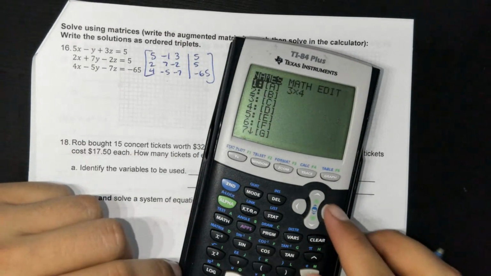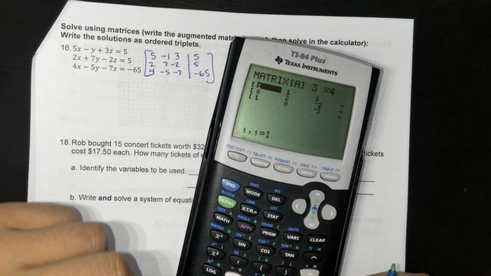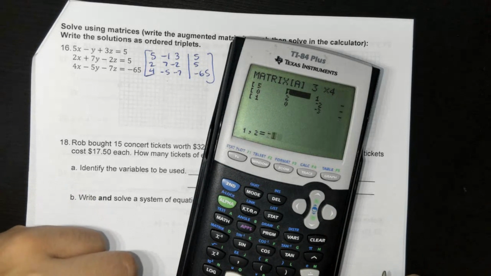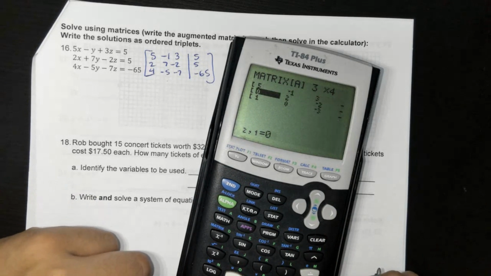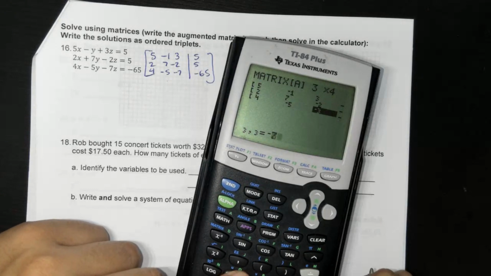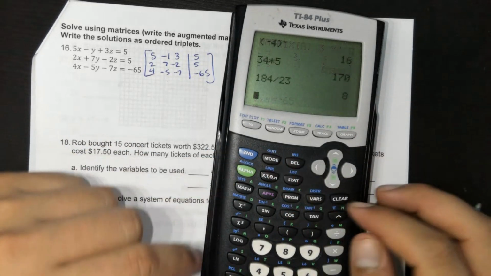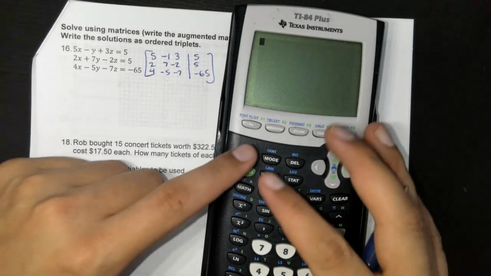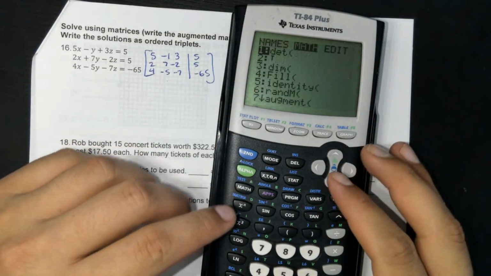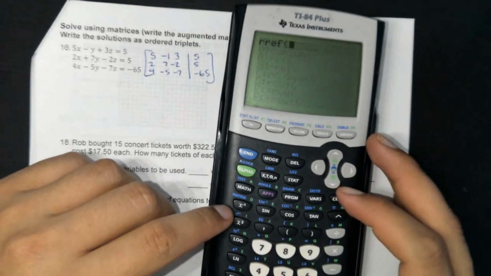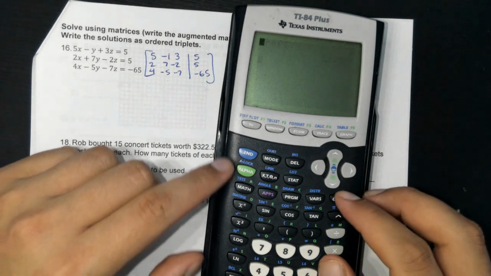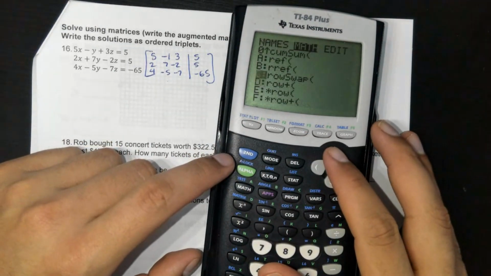Second matrix, edit, make sure I have a 3 by 4. Alright, so I made my matrix, then I'm going to go back to the normal screen, so second quit, go back to second matrix, go to math, and go to reduced row echelon form, so RREF.